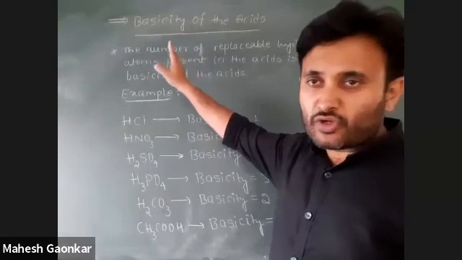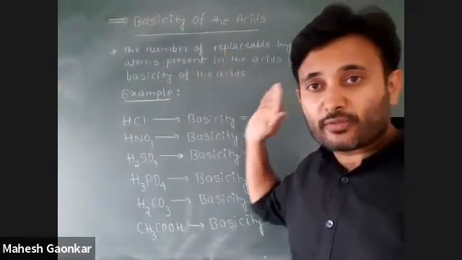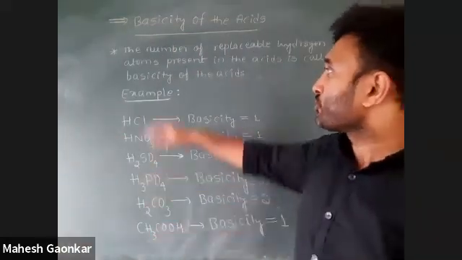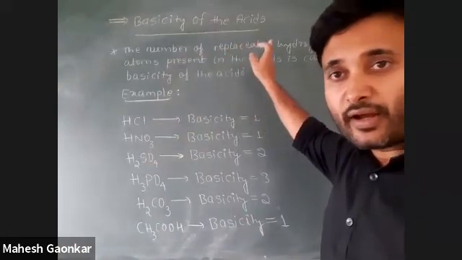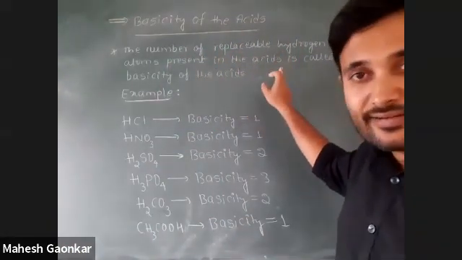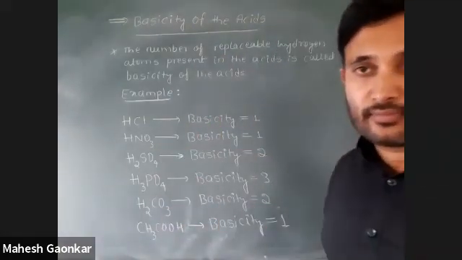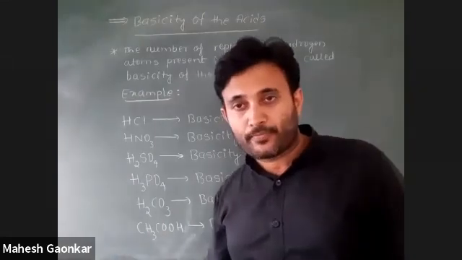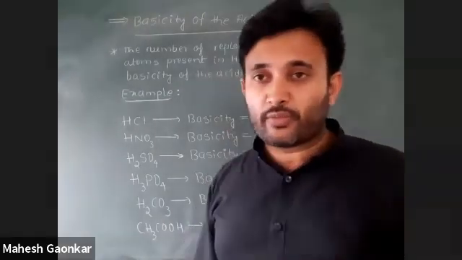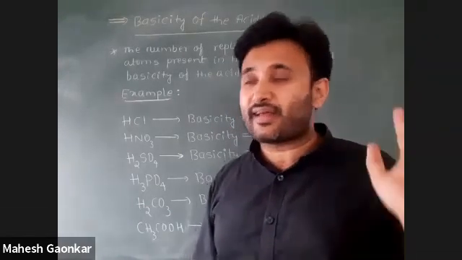Basicity is nothing but the number of replaceable hydrogen atoms. It should be replaceable, replaced by something else. So the number of replaceable hydrogen atoms present in the acid is called basicity of the acid. Understood?